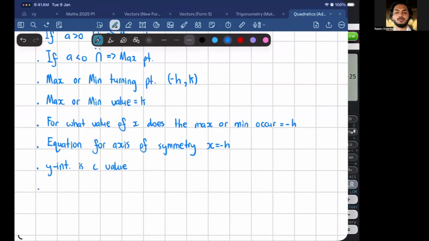X-intercepts are the roots. Put the quadratic equal to 0 and solve for x.